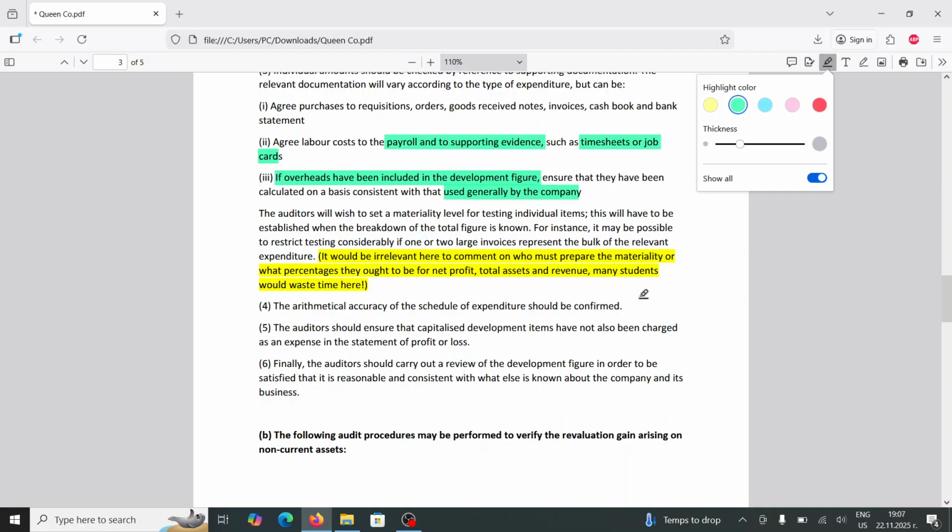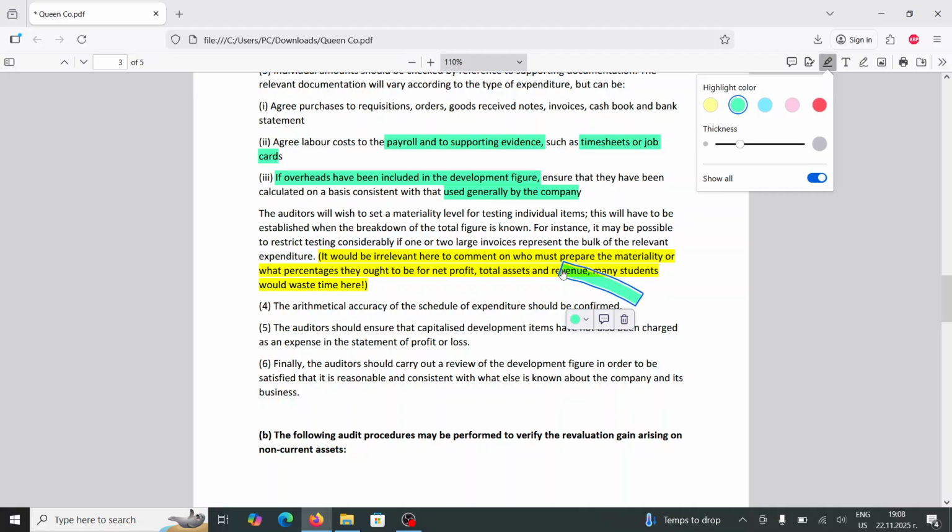It would be quite irrelevant to comment on who must prepare the materiality, what the percentage ought to be for net profit or total assets or revenue. Many students here will just write what they know, although nobody asked anything regarding who is supposed to set the materiality or how the audit is supposed to be planned.